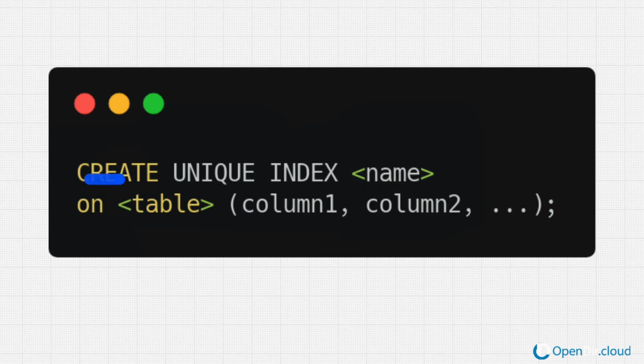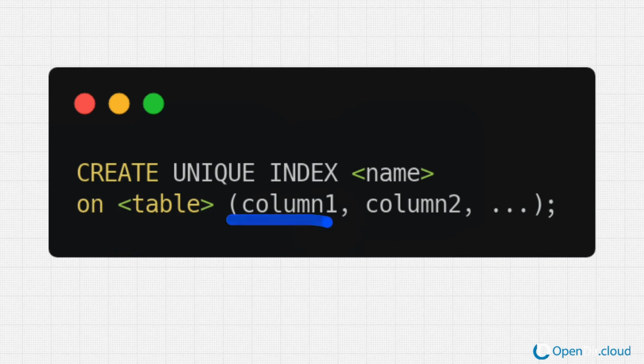So you create potentially a unique index or just a normal index against a table. So you're creating it against a table. So you give it a name and then you say, hey, create this index on, for instance, what tables have we used? Employees, salaries, or whatever else. But then comes the most important part of the index.